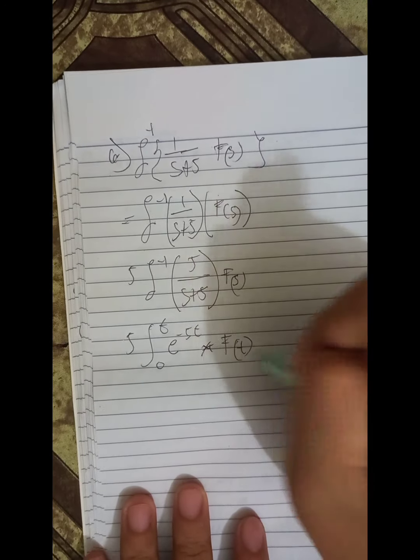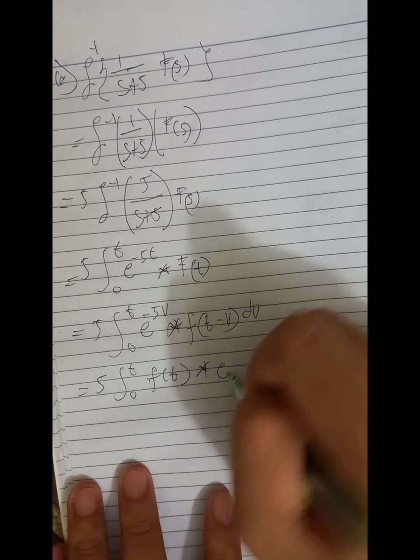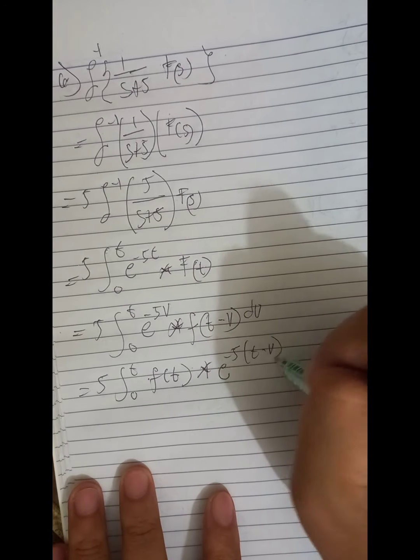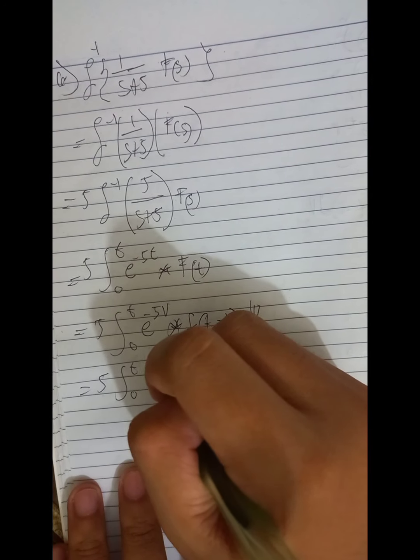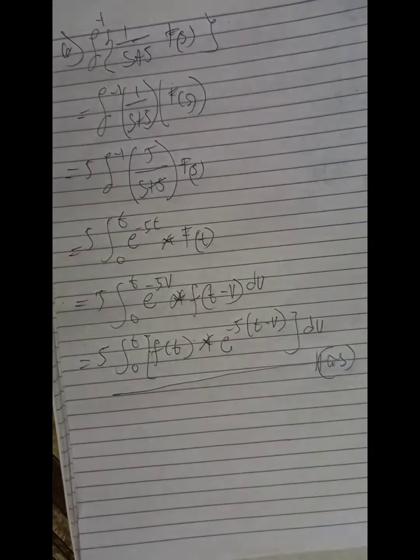And then the next step is to integrate. E raised to negative 5t is the value of the inverse Laplace transform. The next step here is we have to perform the formula of convolution, which is e raised to negative 5v, convolution of e to the minus v. So that's the final answer.